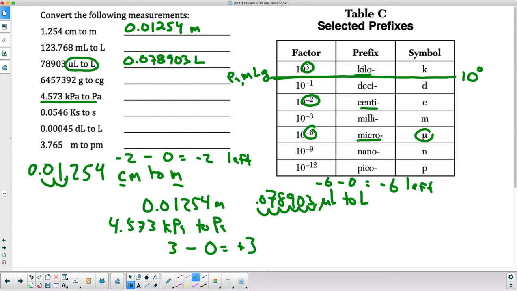I have a +3, which means I'm going to move the decimal point 1, 2, 3 places to the right. Okay, positive goes to the right, negative goes to the left. We simply subtract the exponents that we have. And many times you will have ones that line up with these, which is 10 to the 0. All right, good luck with that.